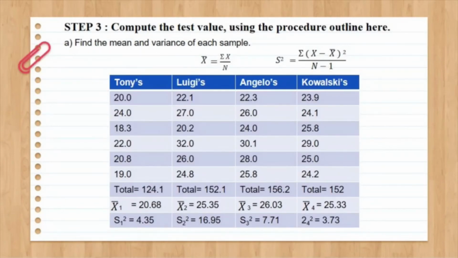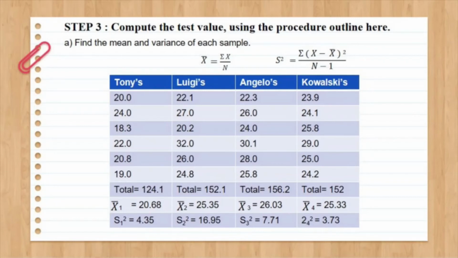Next, we proceed to step 3. Compute the test value using the procedure outlined here. A. Find the mean and the variance of each sample. For mean, the formula is x bar equals sum of x divided by n. While for variance, the formula is sum of (x minus x bar) squared divided by n minus 1. And then the table below shows the data from the question and the mean and variance that we calculate.